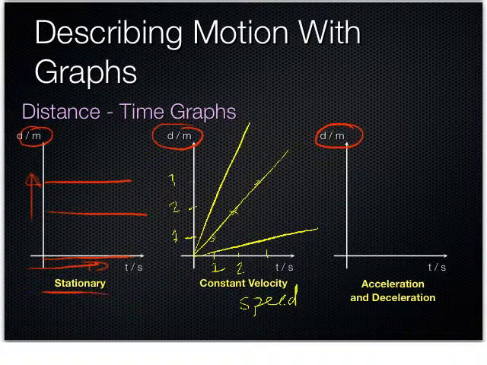Acceleration, deceleration. So let's say we're looking at acceleration first. What you're going to be doing is increasing the amount of distance you cover per second. So let's break this into seconds: 1, 2, 3, 4. Now if we cover that much distance in the first second, it could be going constant speed, but in the second second we are now going to cover a greater distance.